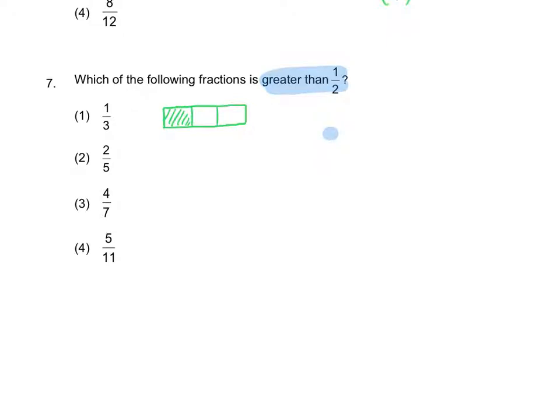Okay, for 2/5, same thing, the whole should remain the same. This time around, how many parts do I divide it into? 5 parts. So I draw 4 lines, and I'm interested in 2 units. Moving on to option 3. Same whole. This time around, I cut it into 7 parts.